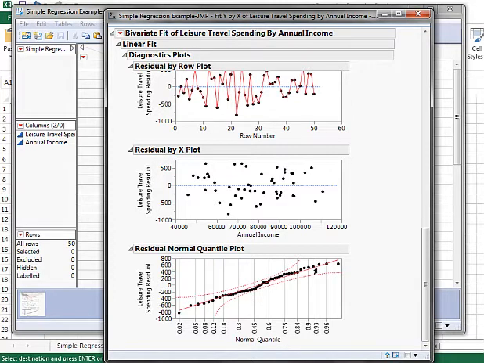If the residuals are plotted within these two limits, then with 95% confidence, we can say that the distribution is normal, almost normal. If the plot goes beyond these two curves, then the distribution of the residuals is not normal. That's one of the basic assumptions of linear regression.